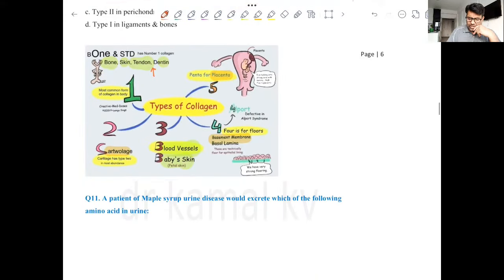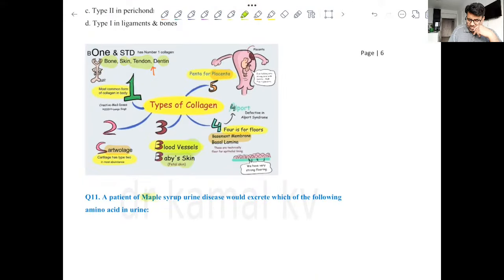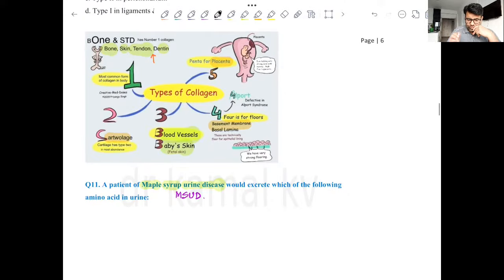Then moving forward to a question about maple syrup urine disease. Here there is defective metabolism of 3 amino acids, and you can remember the mnemonic as LIVE.